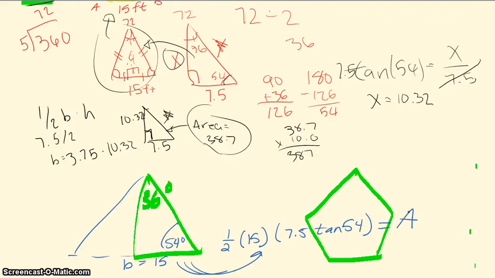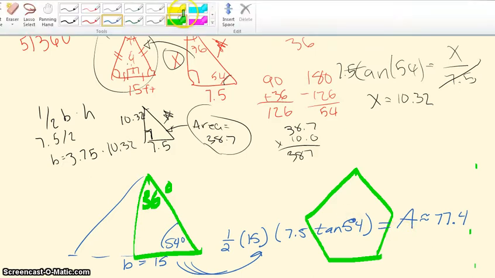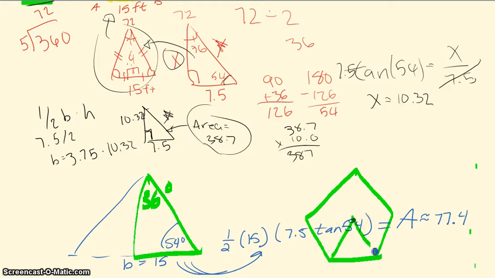And at this point you should be pressing the buttons. For 77.42, it's approximately, I'm rounding, 77.42. And if we take 5 of those, because this is just the area of this 1/5 piece right here, we're going to get the same answer that our guest speaker got.